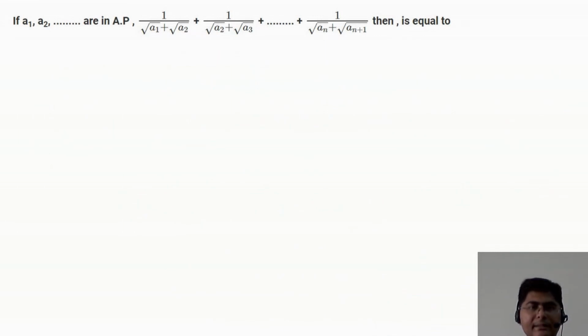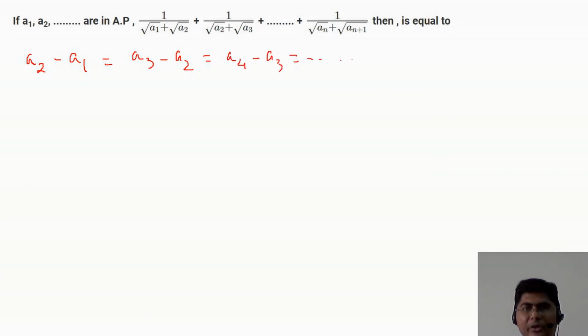We know that a2 minus a1 is equal to a3 minus a2, then equal to a4 minus a3, and so on, equal to a(n+1) minus an, which is equal to d.